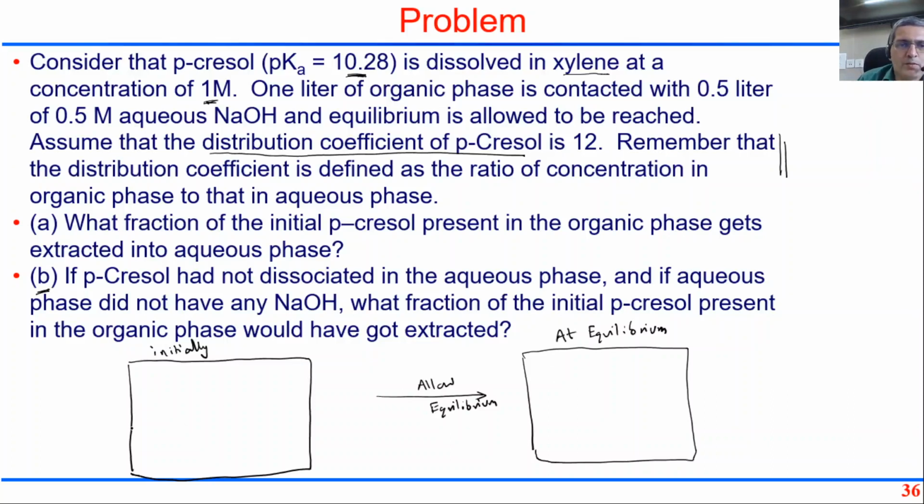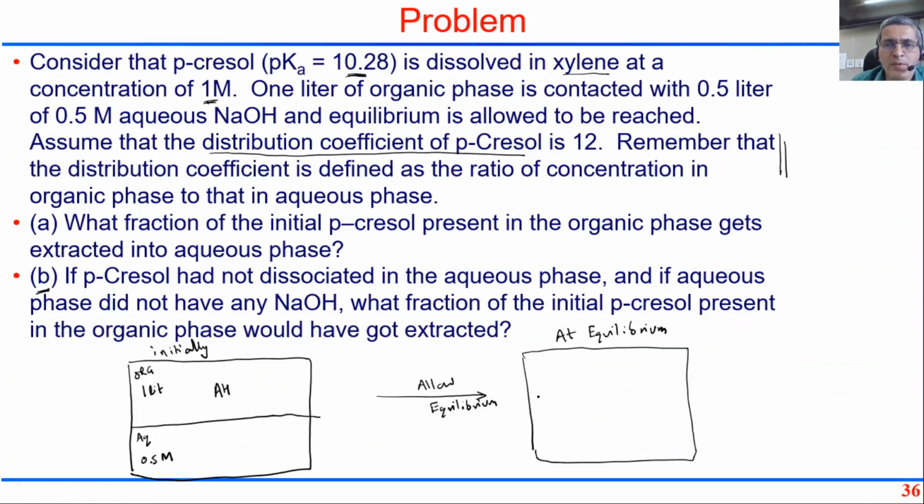Initially, we have organic phase, 1 liter, and aqueous phase, 0.5 liters. The organic phase has paracresol, let's just call it AH, as we have been calling things AH.